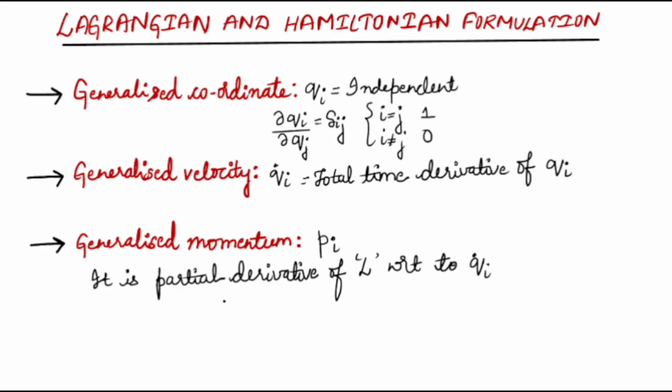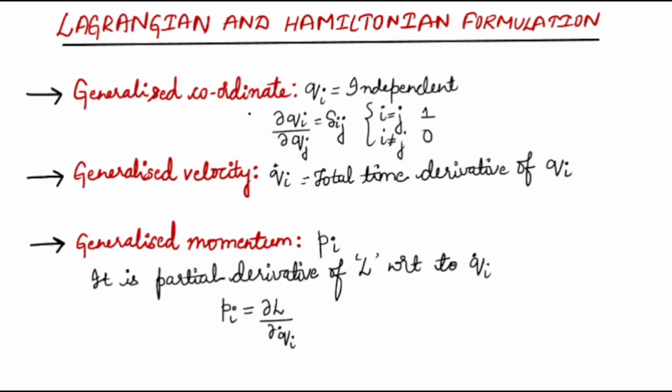So the mathematical expression for generalized momentum is pi equals dou L divided by dou qi dot.